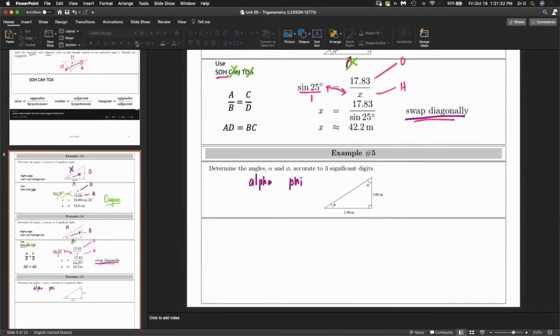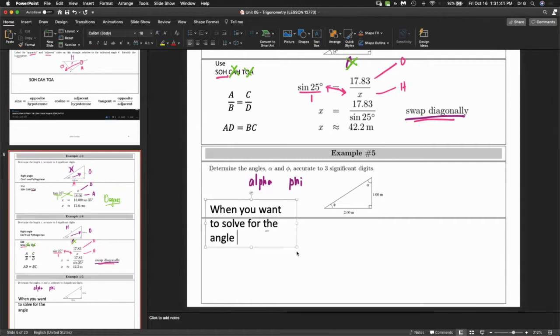So we're going to solve for an angle here. The big reminder is that when you want to solve for the angle, you need to take the inverse.